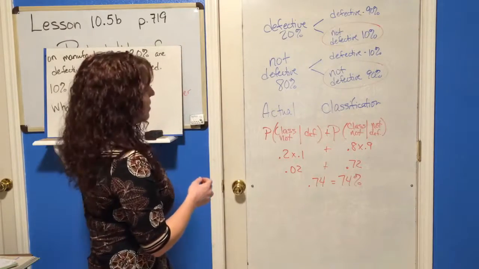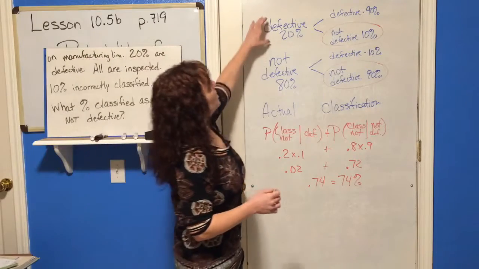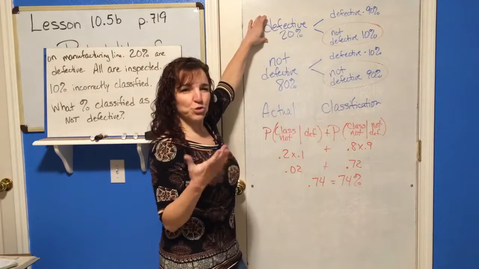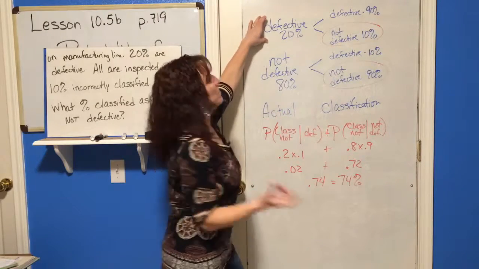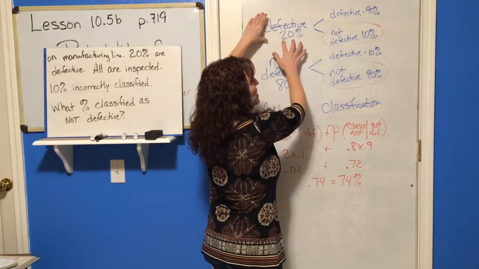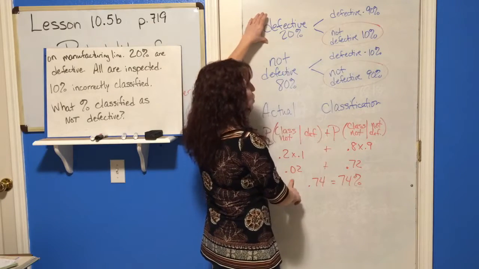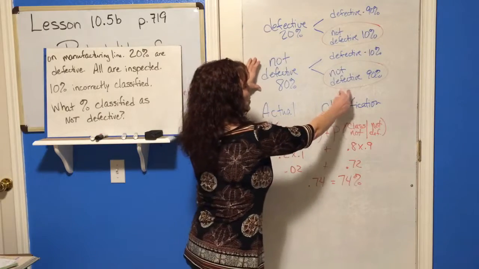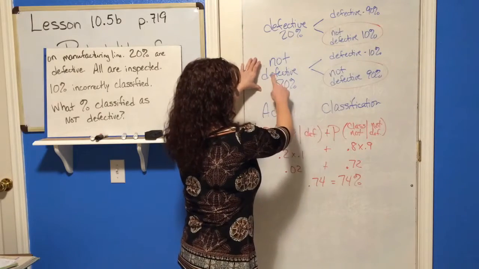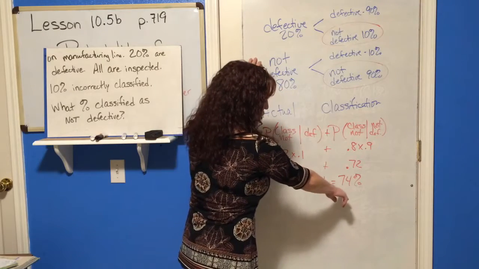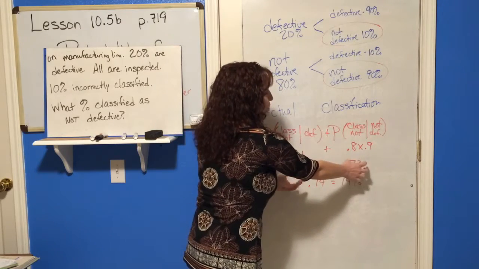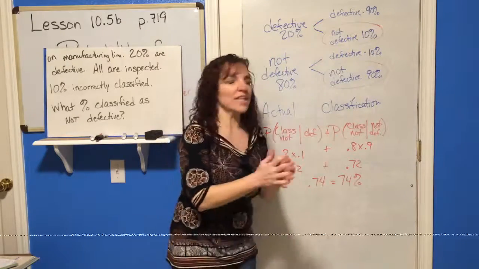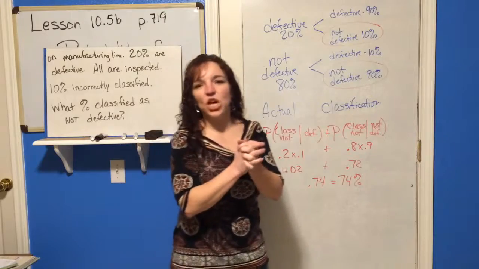So if 20% are defective, but 10% of those, and "of" is always your keyword, of means times. So 10% of the 20% says that 0.02 are classified as not defective even though they are defective, and 90% of the 80% are not defective and they're classified as not defective. So when we add those two areas together, we get 74% that are classified as not defective.